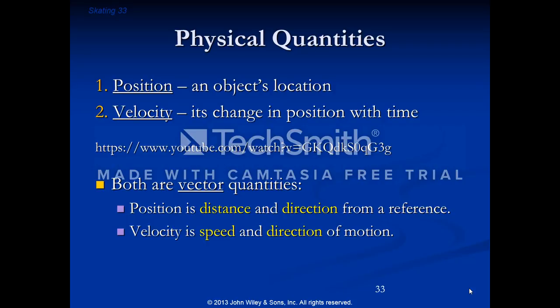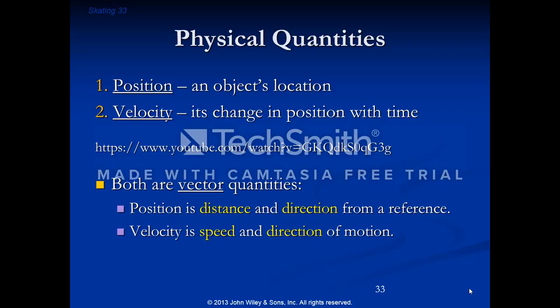Velocity is not just how fast you're going, not just your speed, but also in what direction you are moving. Same thing with position. It's not just where you're at, how far you've moved, but what direction you have moved in, the distance in a given direction, 5 miles due north or 14 meters to the left, and so on.